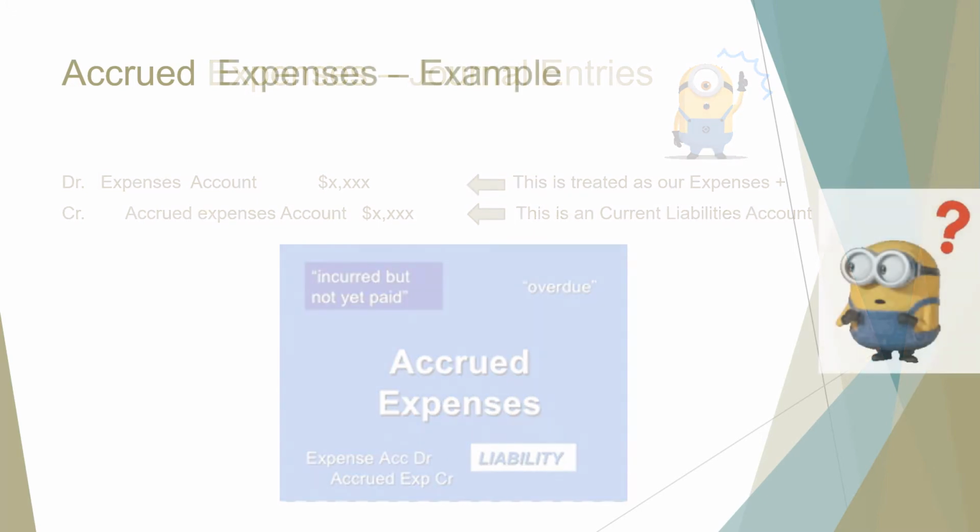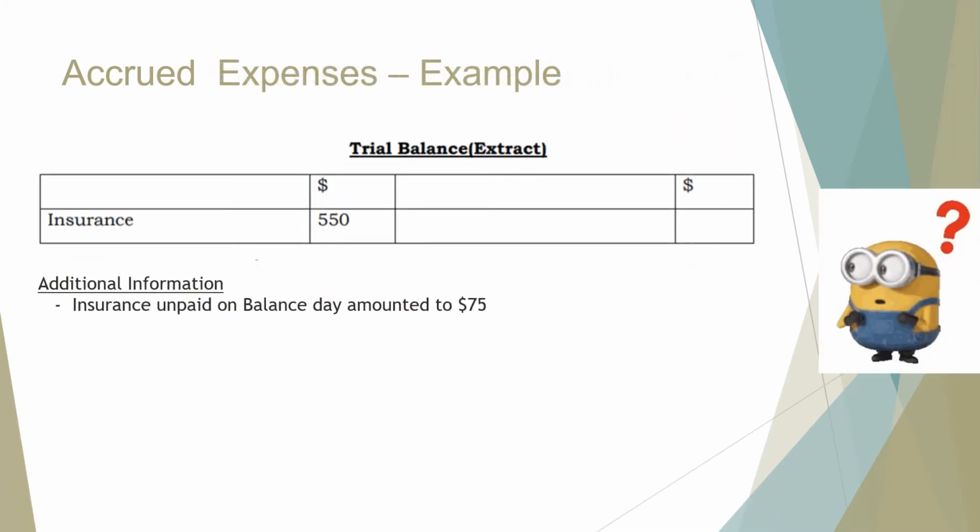Okay, an example of accrued expenses. We have this trial balance. During the year, we have paid $550 for insurance. At the end of the accounting period, the information shows that we have insurance unpaid on balance day amounting to $75.